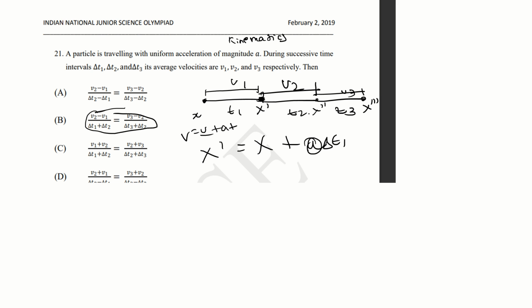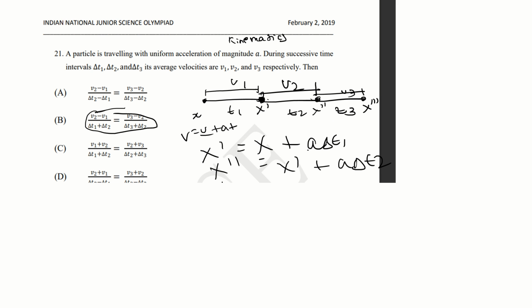So we'll make equations like these so we can check later. Now x double dash follows the same pattern, we get a delta t2. We are going from this point to this point, so from point B to A, this will be the speed.